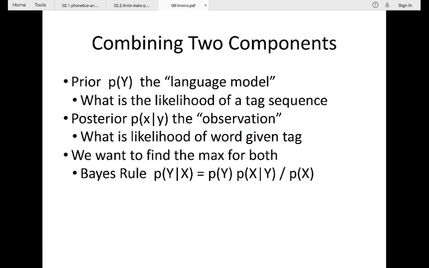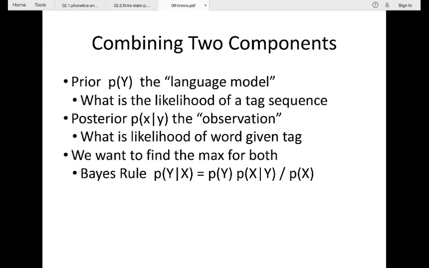So the probability of y here is our language model, which corresponds to our transition probability. The posterior probability of x given y is the probability of the observation.